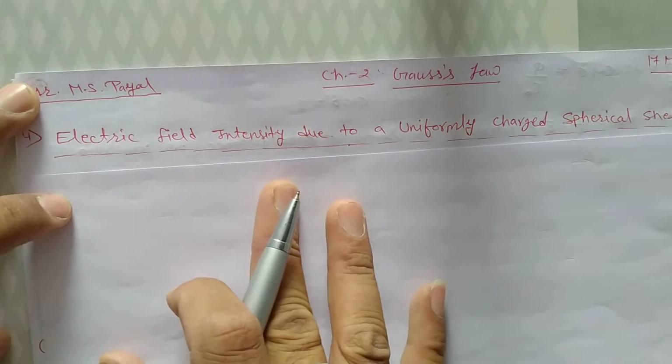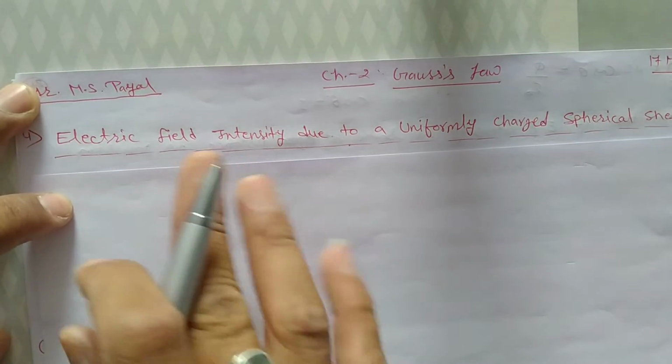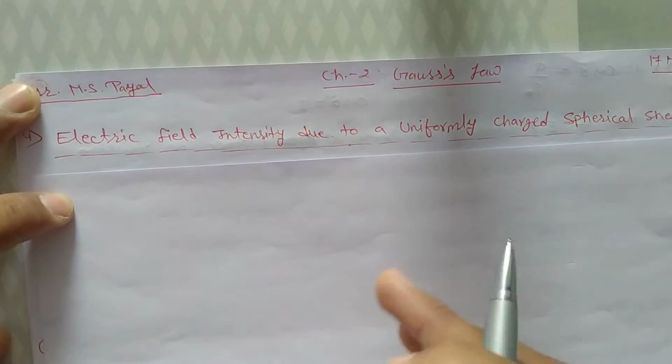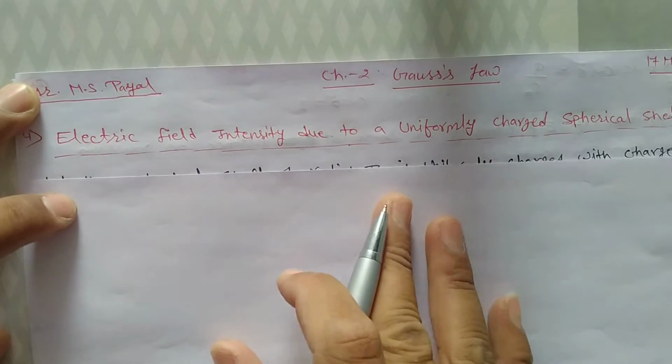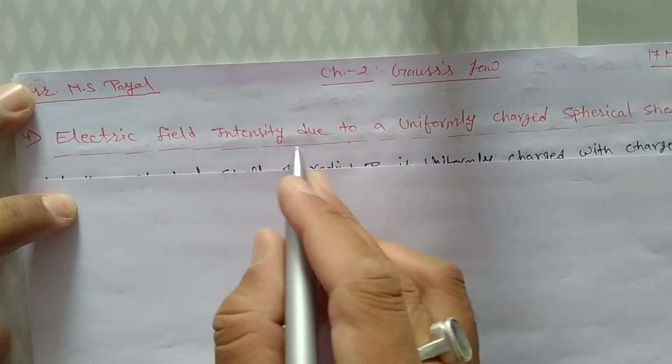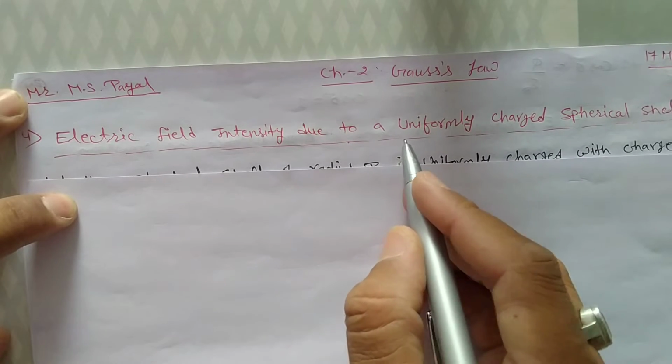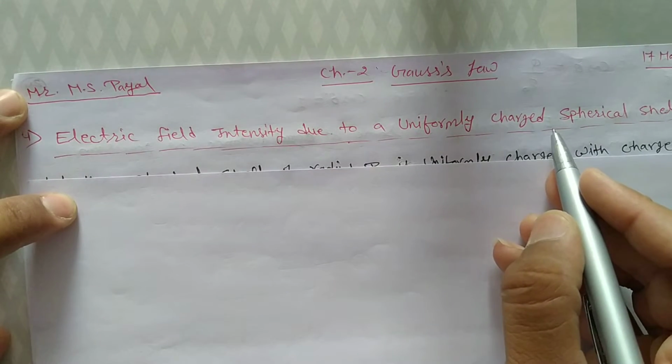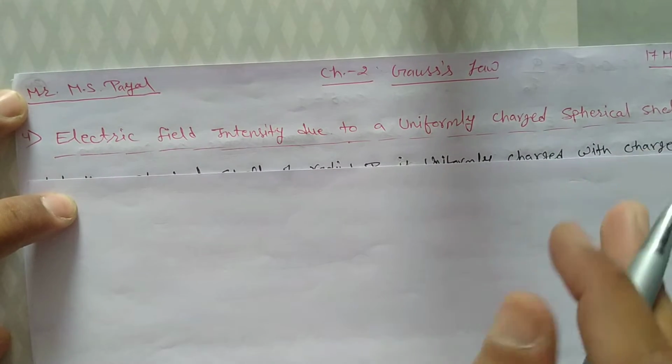Today we discuss a new application of Gauss's law, which is electric field intensity due to a uniformly charged spherical shell.